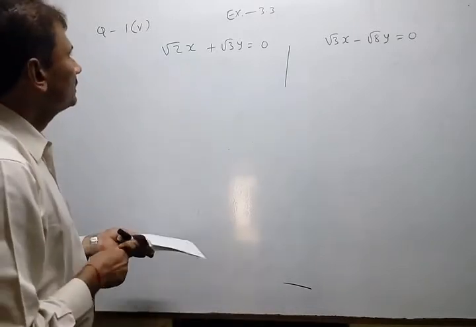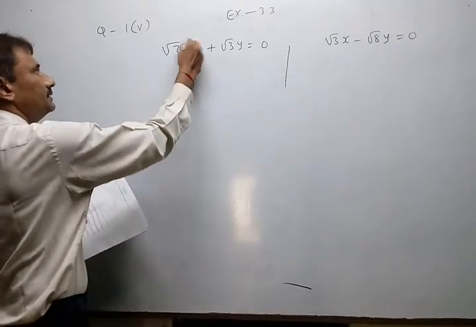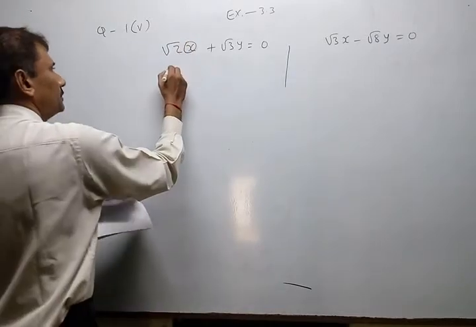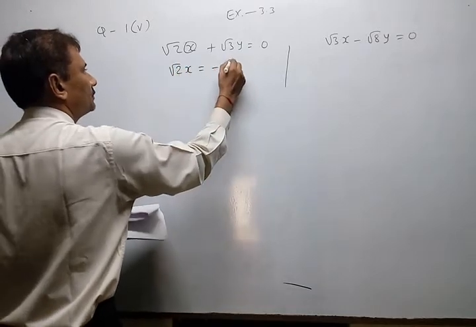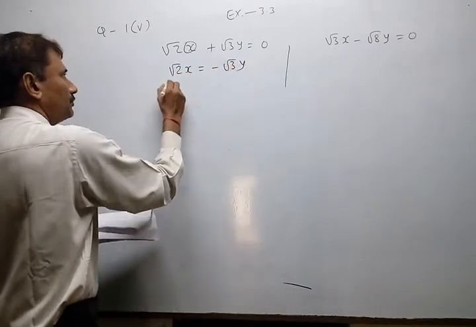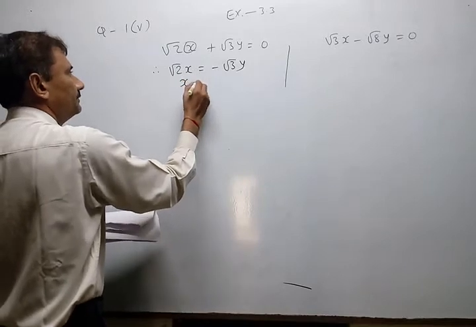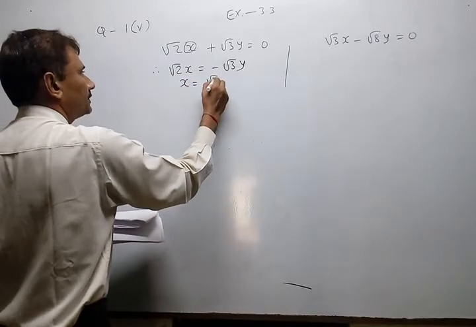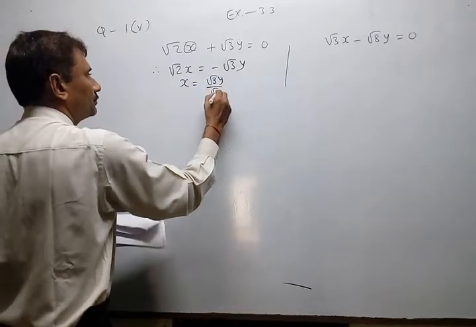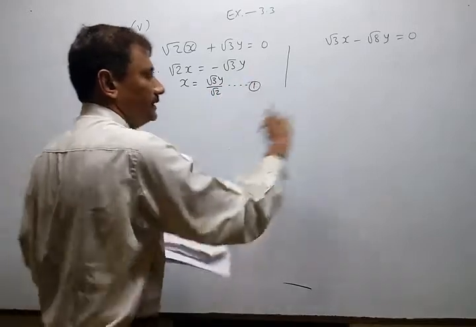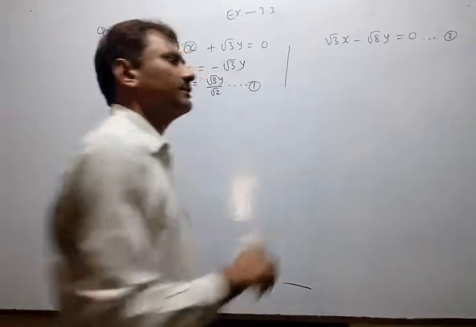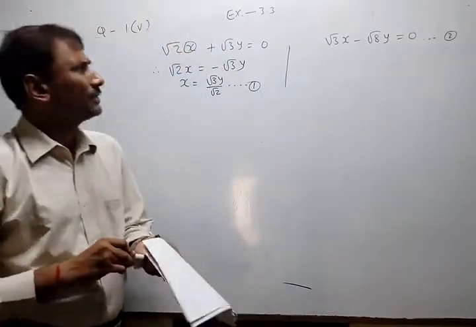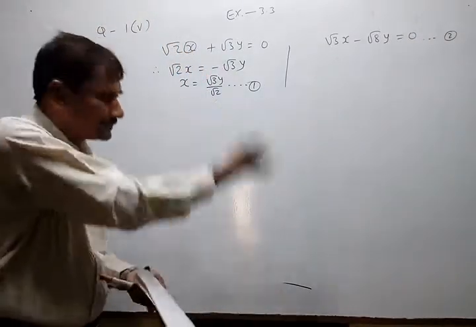So let's select x. For that purpose, first of all, root 2 x equals minus root 3 y. So obviously x becomes minus root 3 y upon root 2, equation number 1. This is equation number 2. It is not necessary to number equation 2 because we go directly there and it is not used again.